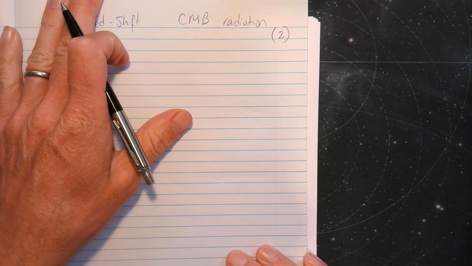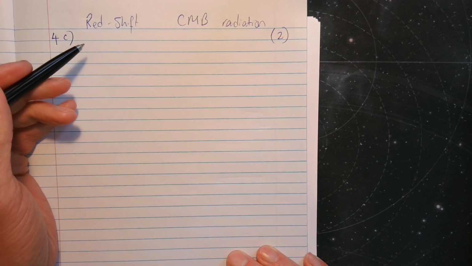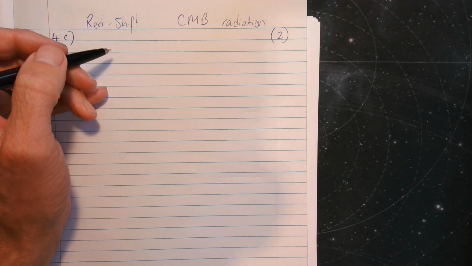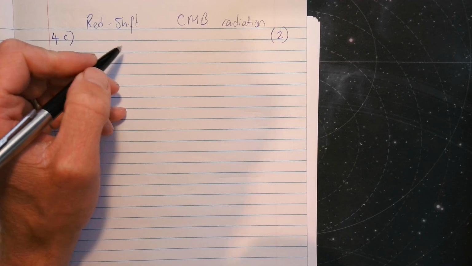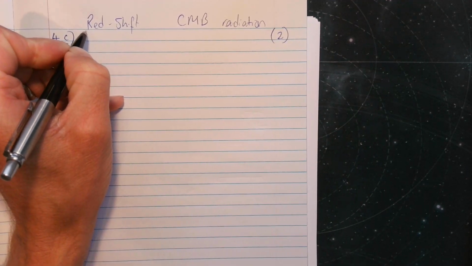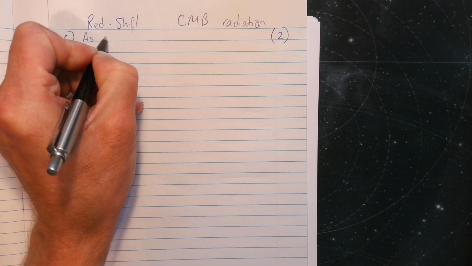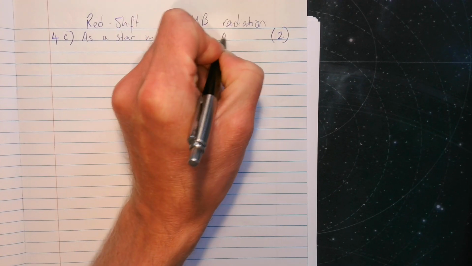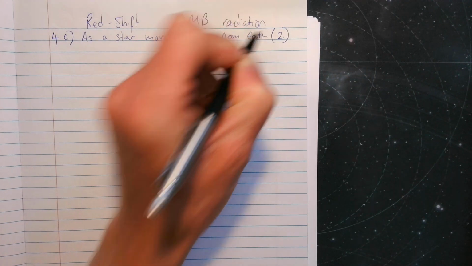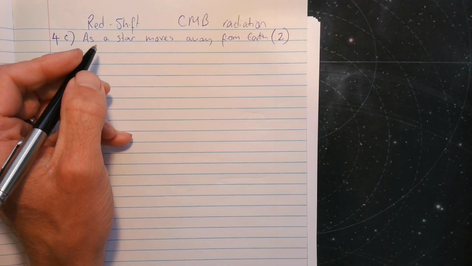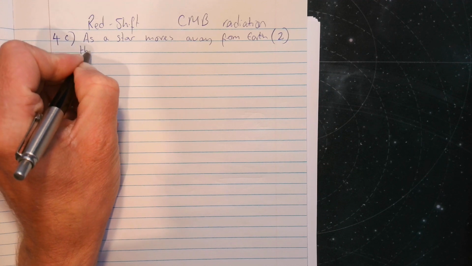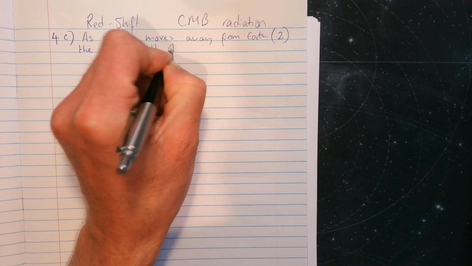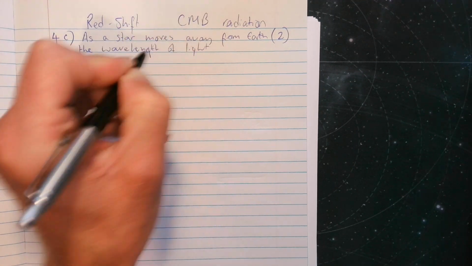And essentially, if an object moves away from us, then the waves spread out. So let's take an object that's going to move very fast away from us, potentially a galaxy or a star. Let's take a star as an example. So as a star moves away from Earth, the wavelength of light increases.